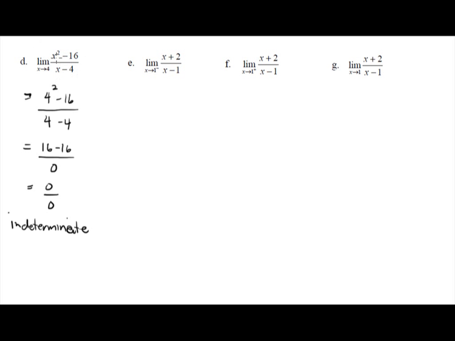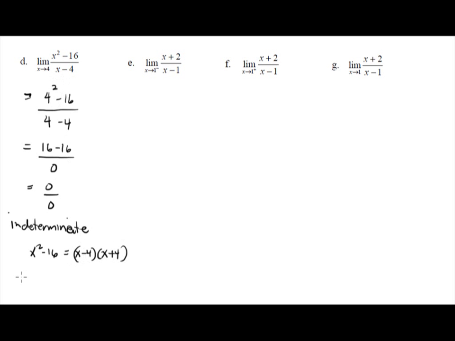When you look at x squared minus 16 over x minus 4, they're somehow related. We know from basic algebra that x squared minus 16 is the same as x minus 4 times x plus 4. And the denominator contains the factor x minus 4.